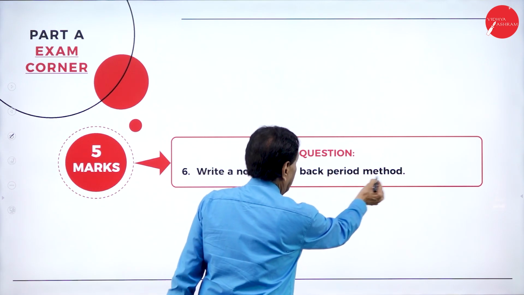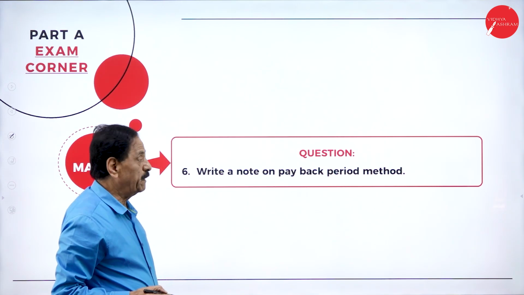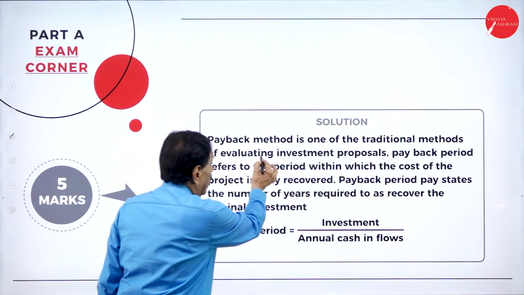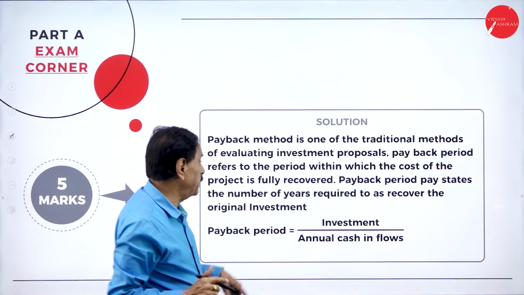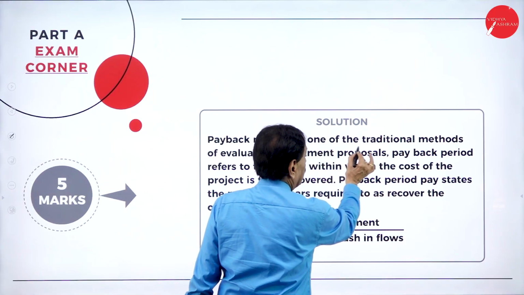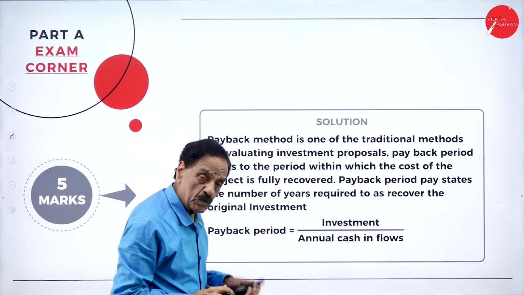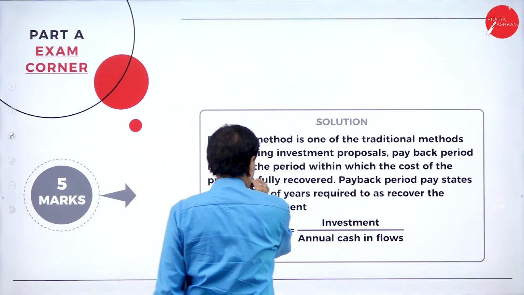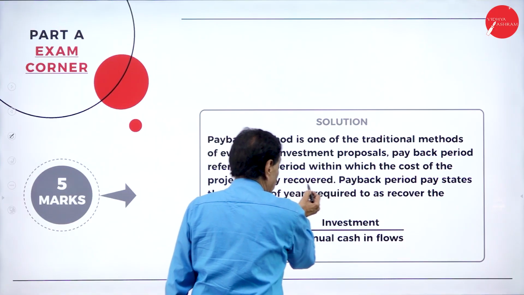Write a note on payback period method. The payback method comes under capital budgeting. It is one of the traditional methods of evaluating investment proposals. Payback period refers to the period within which the cost of the project is fully recovered.